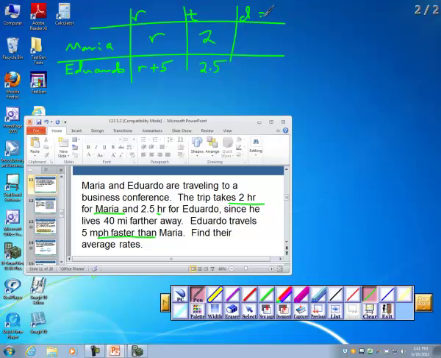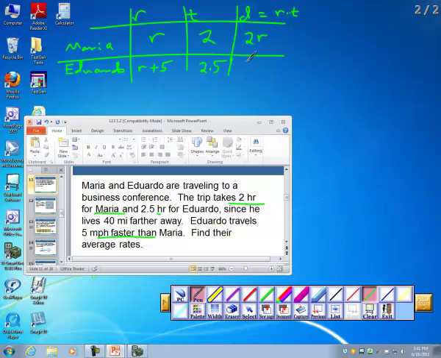And since distance equals rate times time, for the distance part, Maria's distance would be 2R.